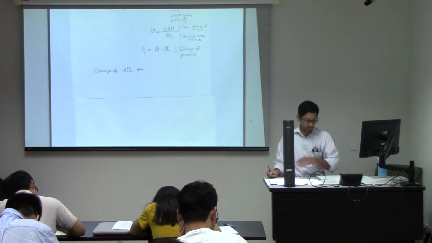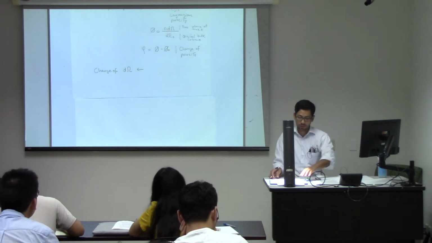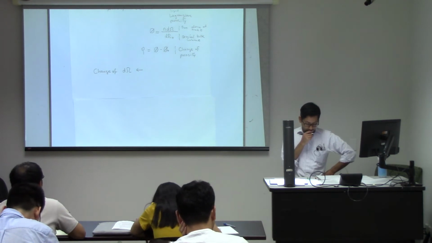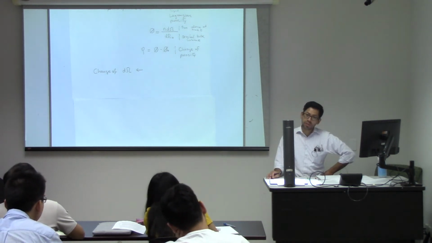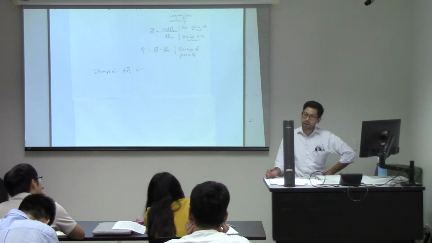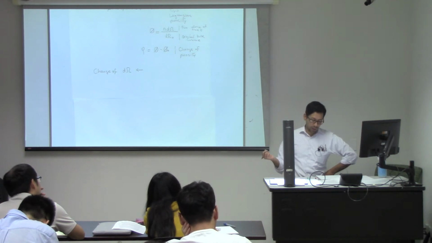What can I deform in order to make that change? We could change the pore volume, but we could also change the volume of the matrix, the solid matrix, right?